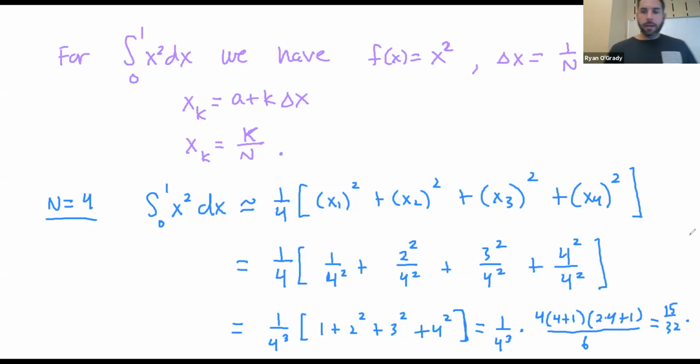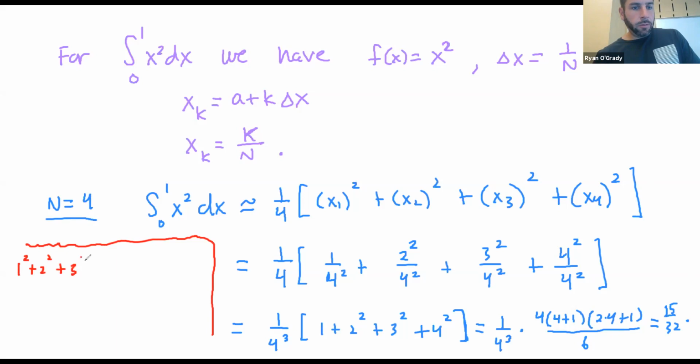The formula that I'm using, that we talked about back in the day, is that 1 squared plus 2 squared plus 3 squared all the way up to n squared is equal to n times n plus 1 times 2n plus 1 all over 6.